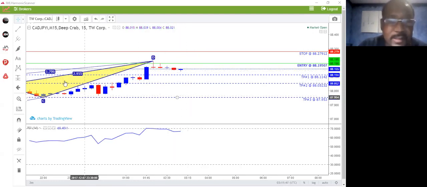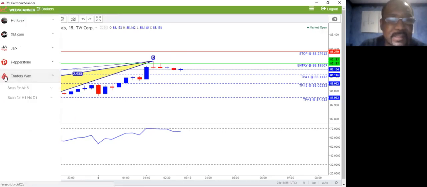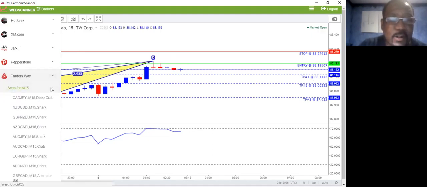Okay, so here's what we're looking for. So Shawn, how do we know we want to trade this? First of all, when you open up your Harmonic scanner, you're going to go to your respective broker. If you wish to trade a short-term position, then you'll go to the M15. On this Harmonic scanner, when you go to the bottom, these are the most recent trades that have come in.